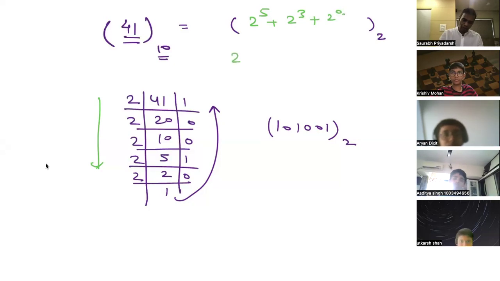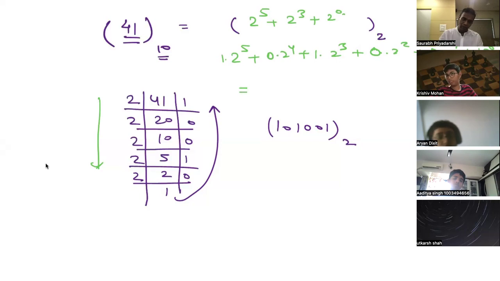Means I'm writing 1 into 2 to the power 5 plus 0 into 2 to the power 4 plus 1 into 2 to the power 3 plus 0 into 2 to the power 2 plus 0 into 2 to the power 1 plus 1 into 2 to the power 0. So this number is 101001 with base 2. Now you can write both ways.